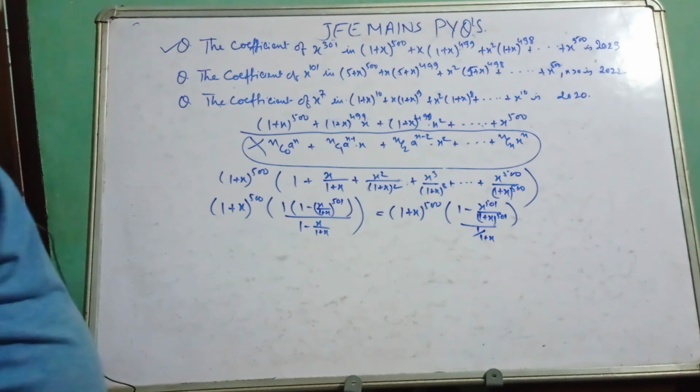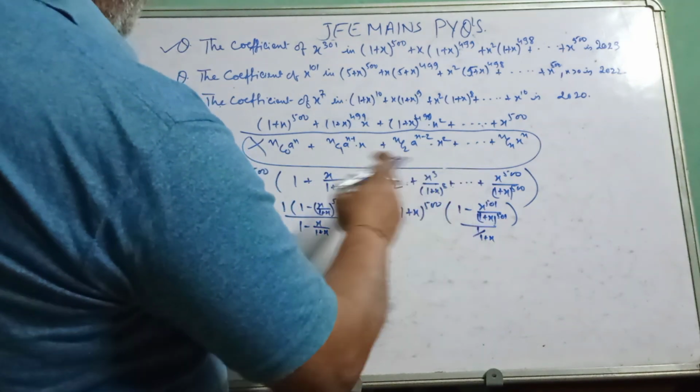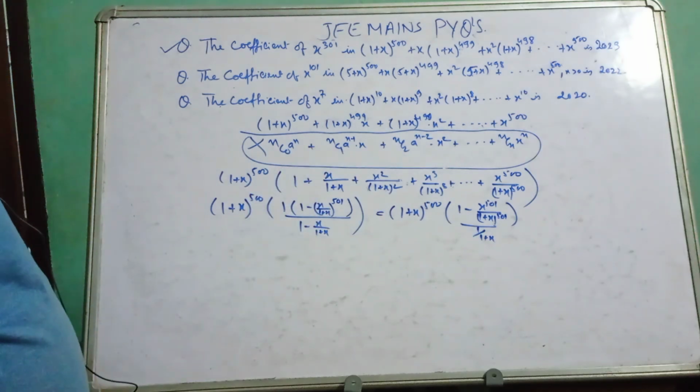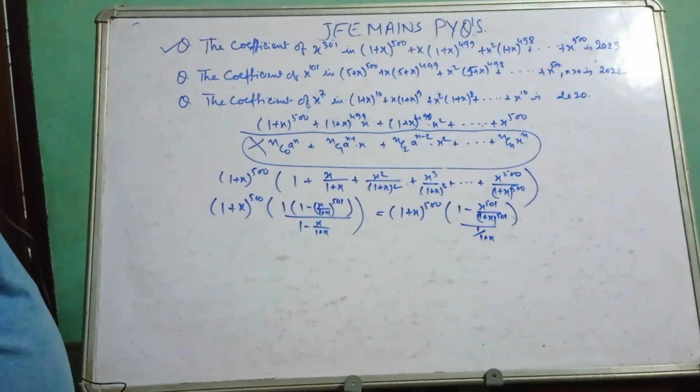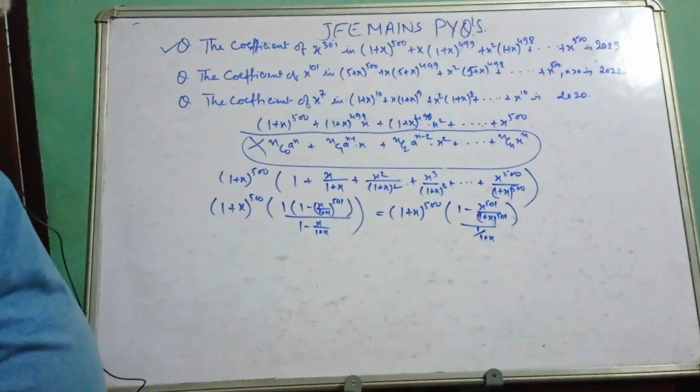Now because it is 500, plus 1, from here it starts. So this is 1, 500, so this is 501.